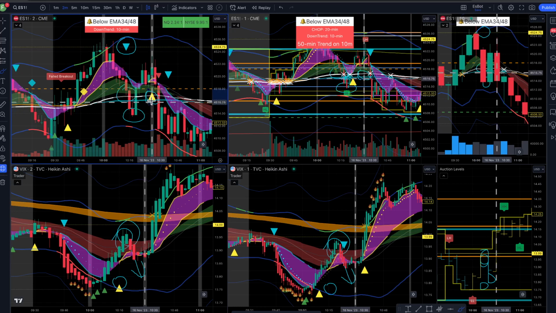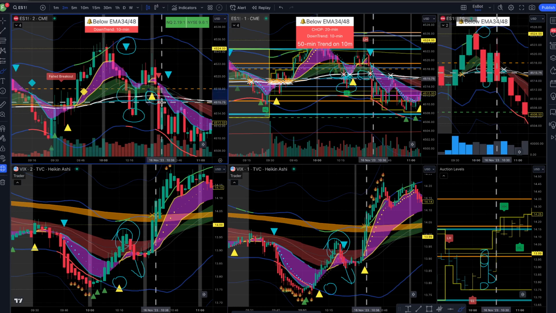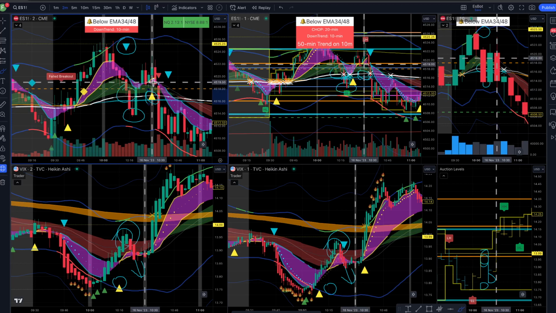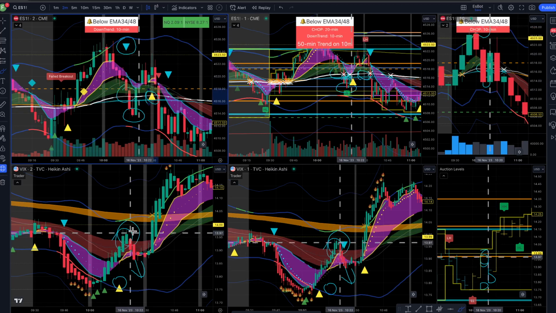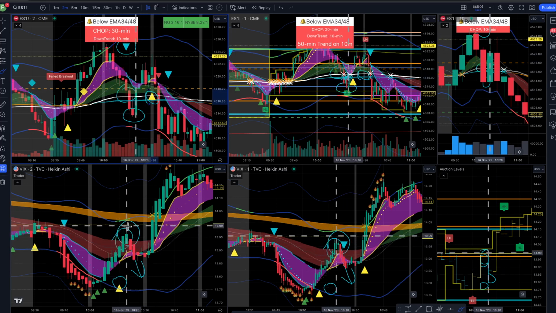But so you get this yellow triangle, and you see the danger zone forming, and so you might say, okay, this might be a good place to get in. But what you have to remember is VIX is right here deciding on the 48.